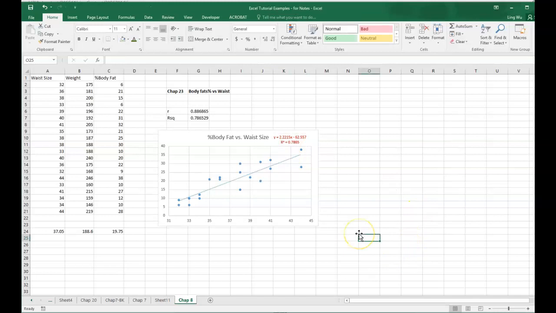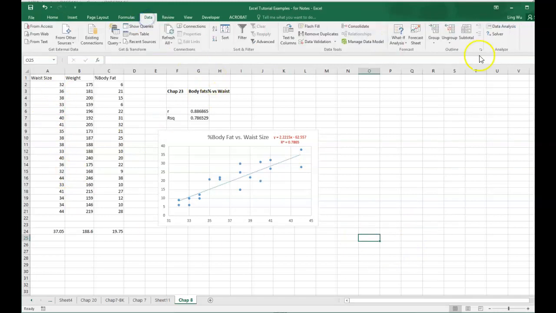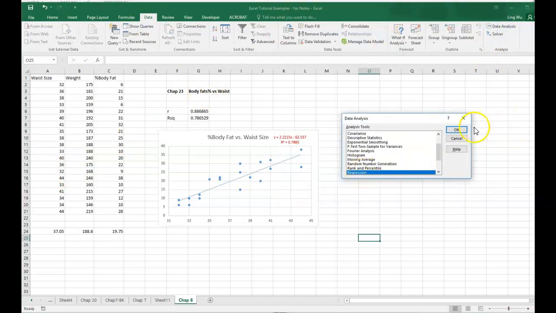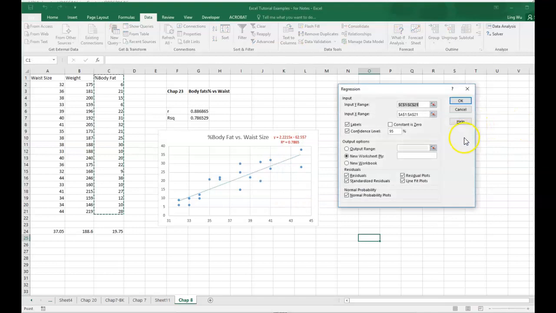And the second method we did, remember this one, we use the data analysis tools. So regression. In this tool, we just select the Y value as the percentage body fats, and the X value as the waist size.